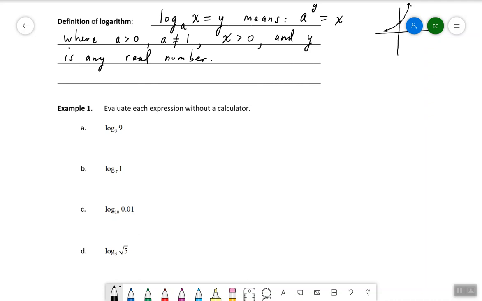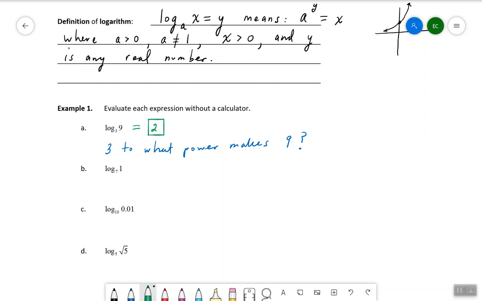Can you see what it is? Let me actually write it out. We want to ask the question, 3 to what power makes 9? And of course, that's 3 to the second power. The second power is the answer, and so we'll have our answer as 2.